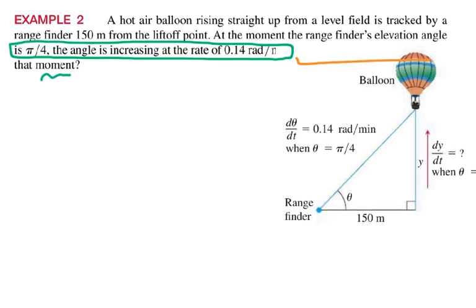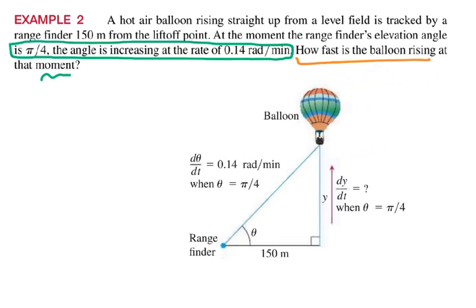And I've given us this picture from the text that we're dealing with. So we would draw a picture thinking about what we're looking at. And so this rangefinder, 150 meters away, is looking at this balloon rising up.